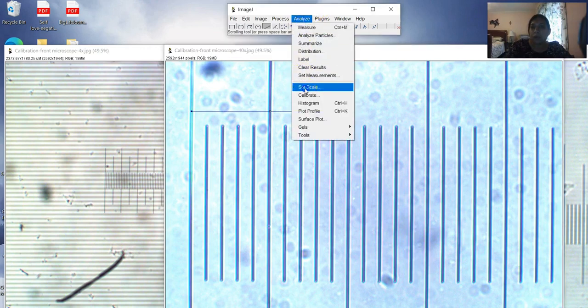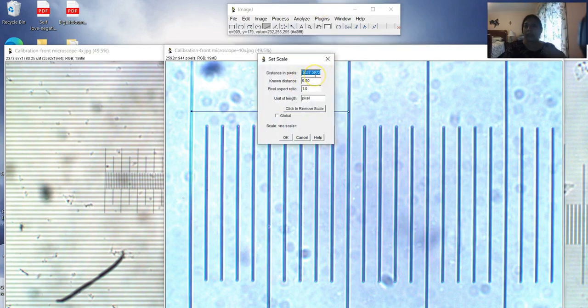I set scale, and now it tells me it's 1027 pixels in my 100 micrometers, and that means that my calibration at the 40x objective lens is going to be 10.27 in this case pixels per micrometer.